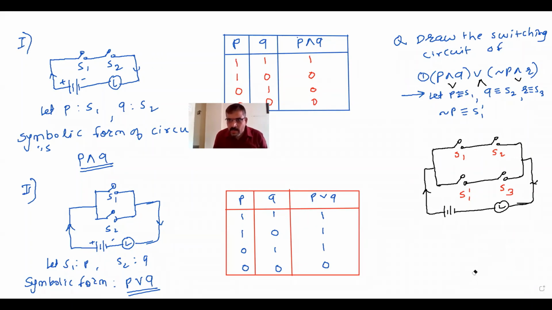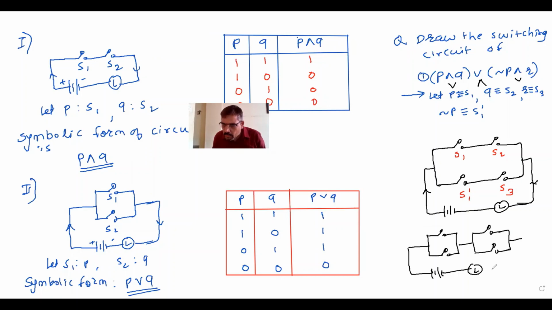Instead of this, if OR is given, then we can use it like this. Here two switches are in parallel, and then we can join the battery like this, and the bulb we can fit here. Then this one is S1 and this one is S2. This one is S1 dash and this one is S3.